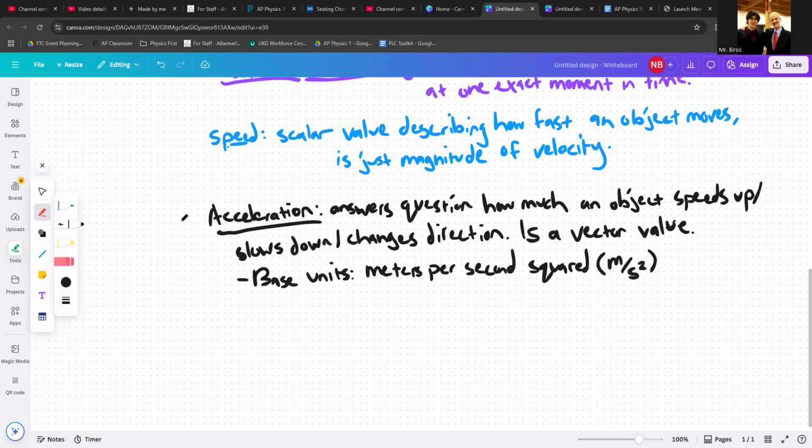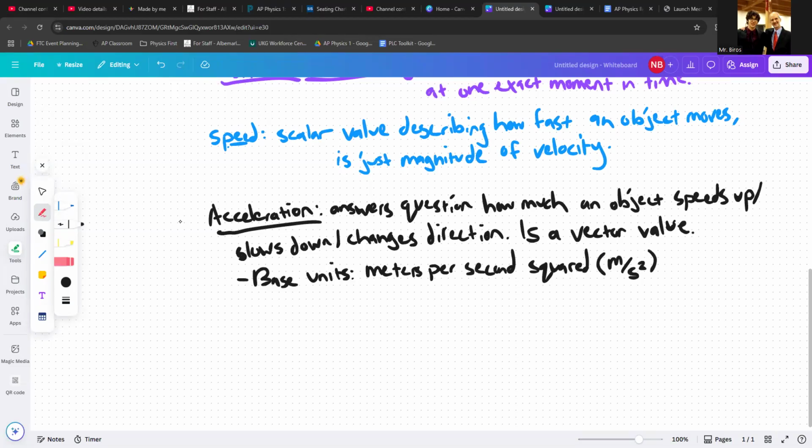Acceleration, I'm not going to get into calculus stuff too much, but acceleration is the rate of change of velocity, meaning your velocity is just how fast you're going. When you accelerate, that velocity changes. And at what rate it is changing gives you acceleration.